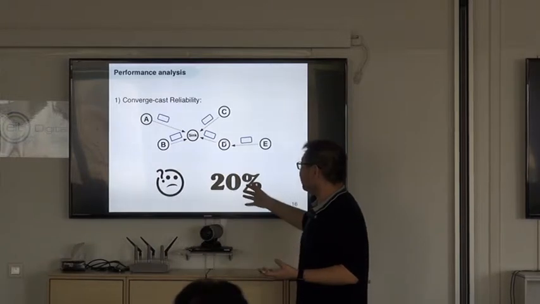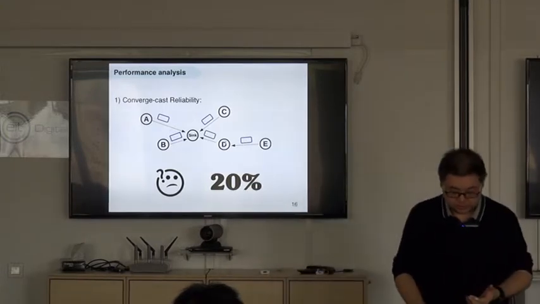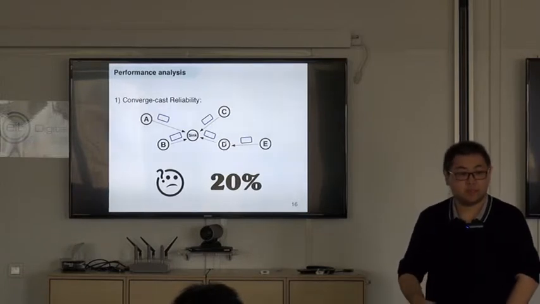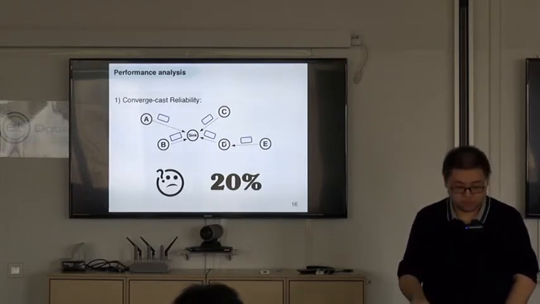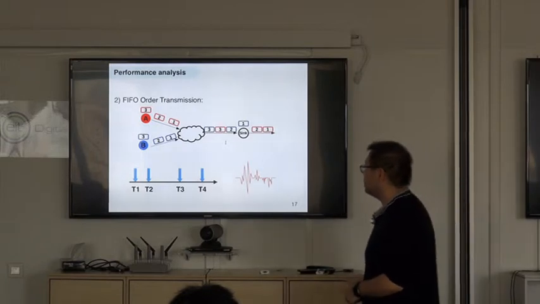If the percentage of packets received at the sink is very low, for example 20%, then it makes no sense to make any medical decisions based on this kind of WBAN system.